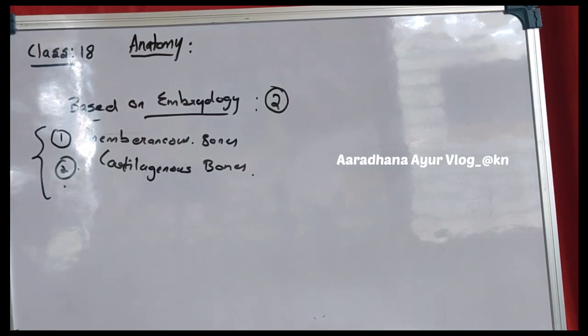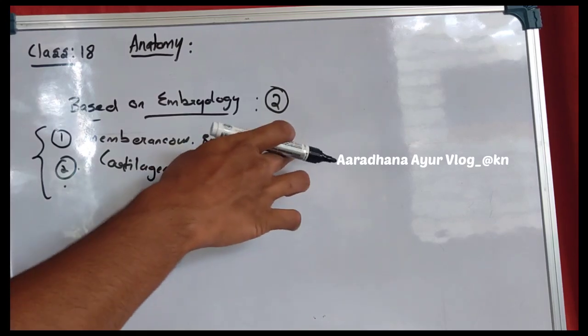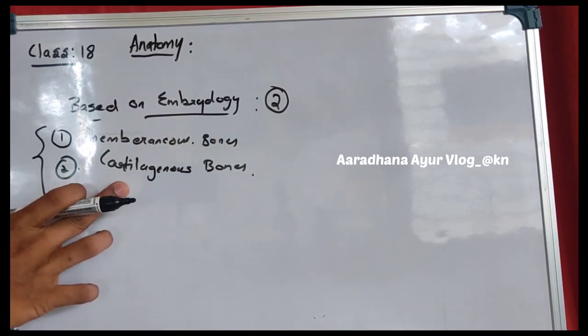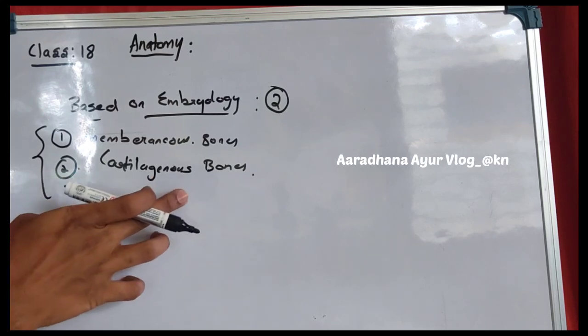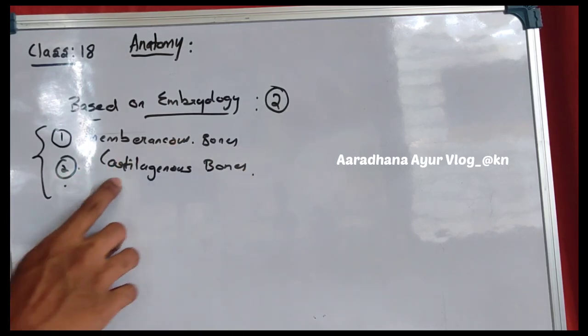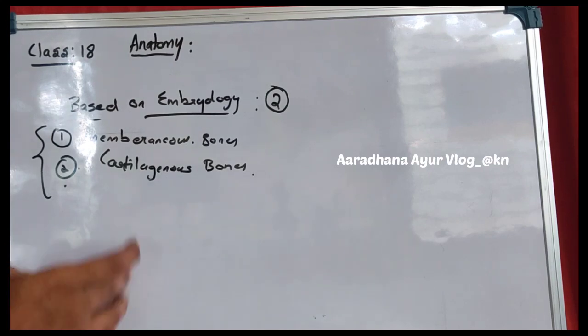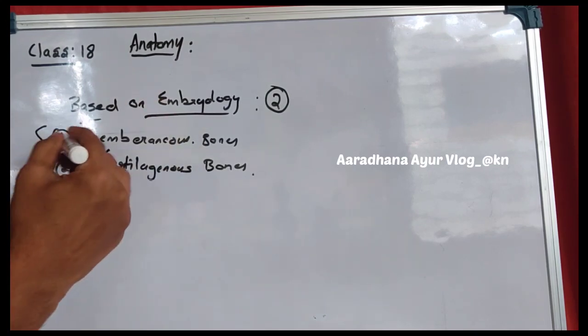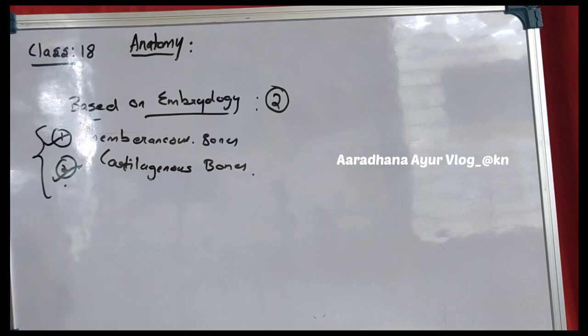In membranous bone, from mesoderm, mesenchymal cells are formed, then osteoblasts are formed, then bone is formed. In the cartilaginous, mesoderm is there, mesenchymal cells will come, then chondroblasts, then cartilage, then bone, because it is cartilaginous, after cartilage like that. So remember the names only based on embryology: membranous bone and cartilaginous bone.